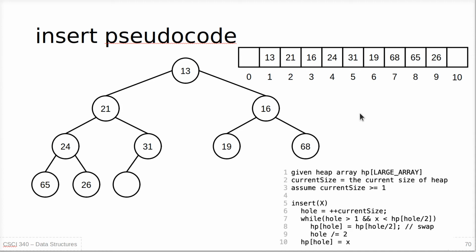That's the special case. In the more general case, the new hole at the end of your heap, obviously over here, would be at this 10 over here. It's going to be at current size plus 1. So you can just say plus plus current size to move current size over here to the 10 and say that's where the hole is going to be. That's where the node that reflects this element right here is supposed to go.